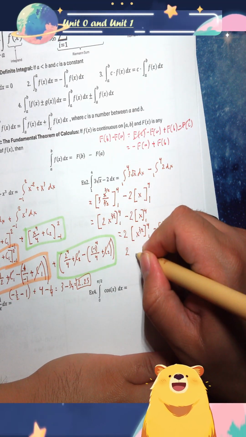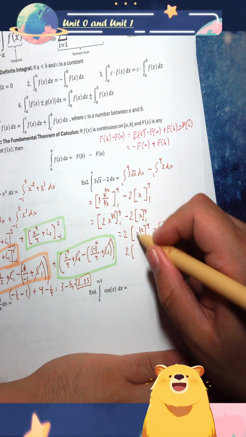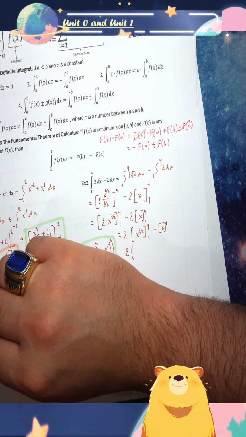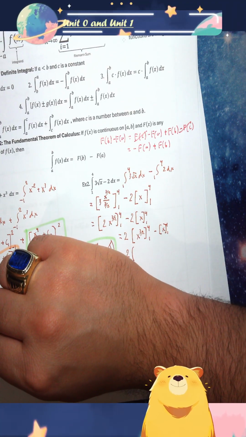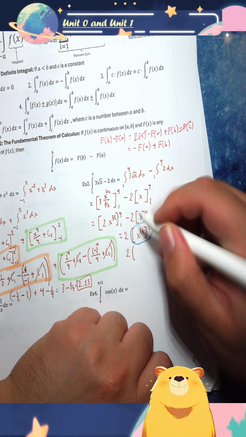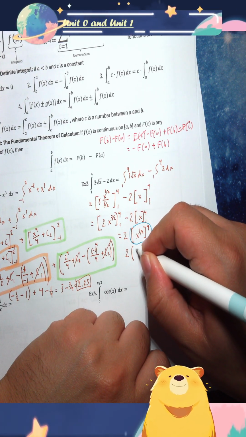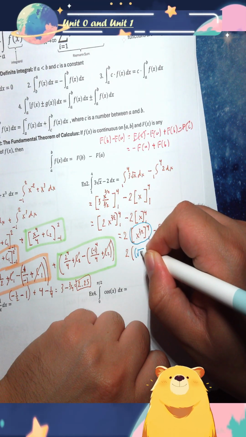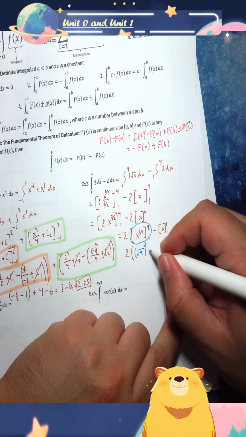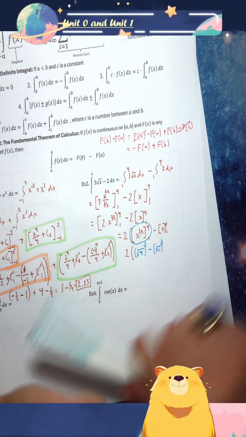So I have 2 parentheses, and then let's start here. For this, I do want to color code just a bit. I'm just going to rewrite this as square root of 4 to the power of 3 minus square root of 1 to the power of 3.